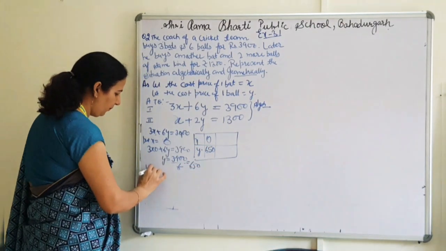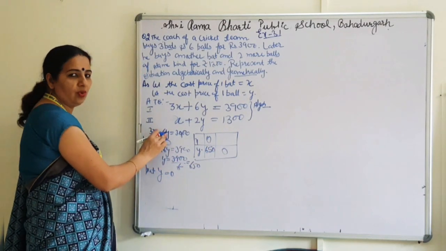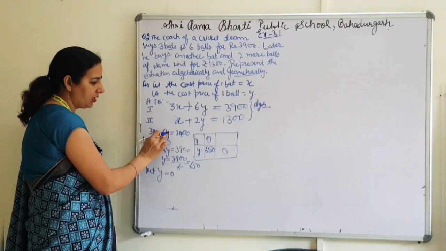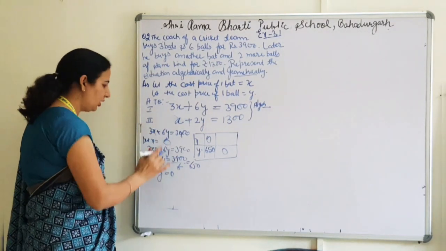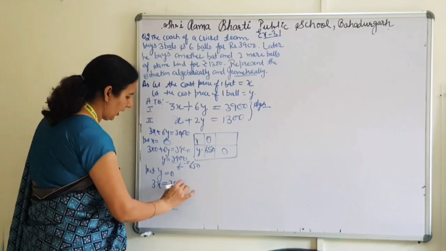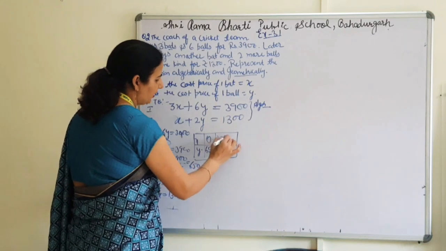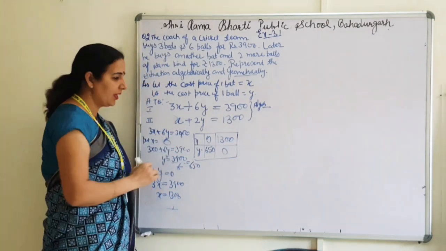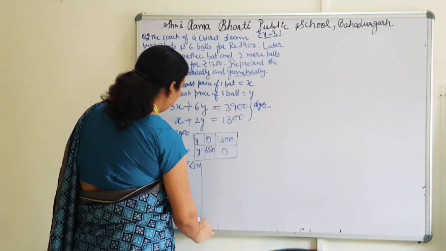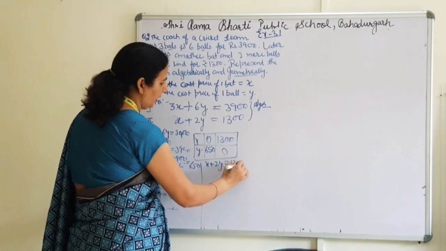Now this time put y is equal to 0. 6 into 0 is 0, so this term is gone from here. So 3x is equal to 3900. x is equal to 1300. So the answer will be 1300. For the second equation, x plus 2y is equal to 1300.